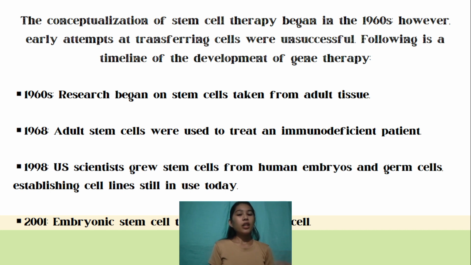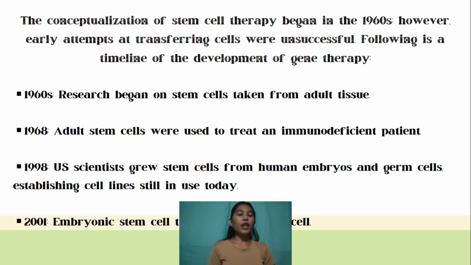So this year, a groundbreaking medical procedure was performed where adult stem cells were used to treat a patient with an immunodeficiency disorder. This marked one of the first clinical applications of stem cell therapy, demonstrating its potential to address severe medical conditions.